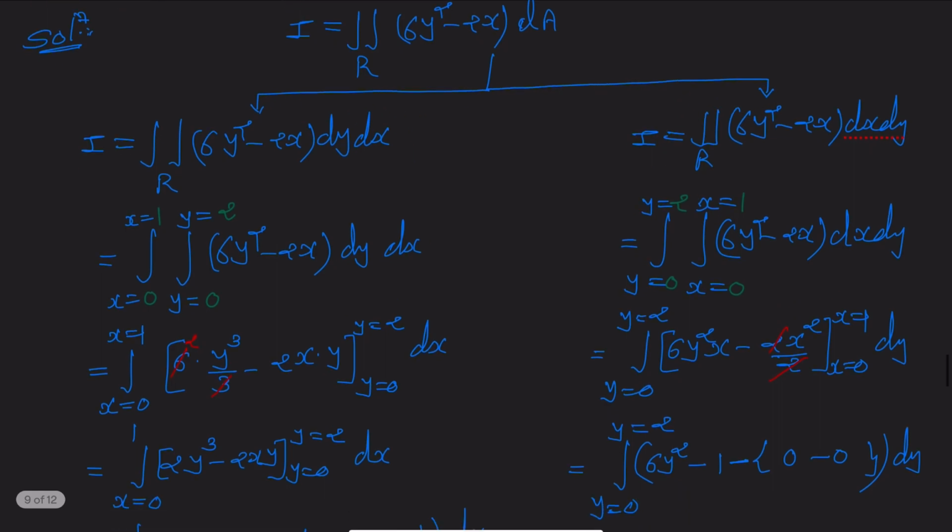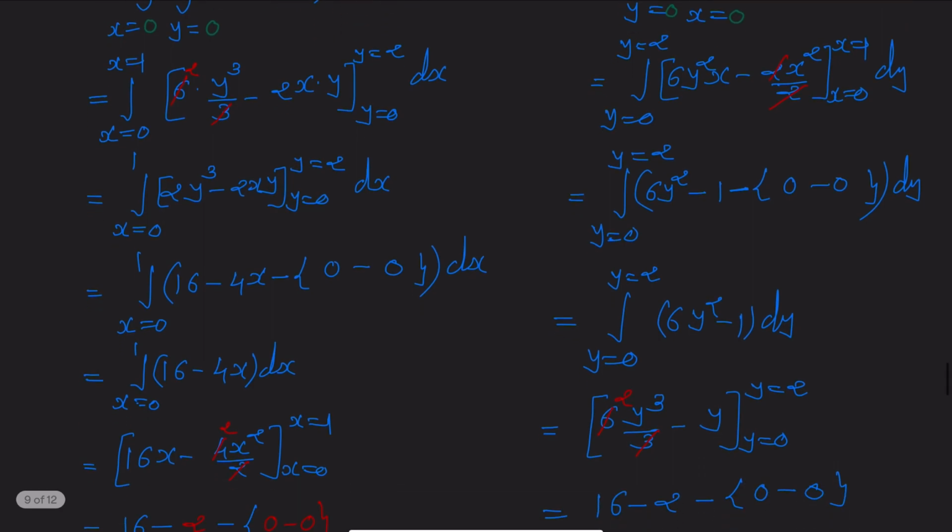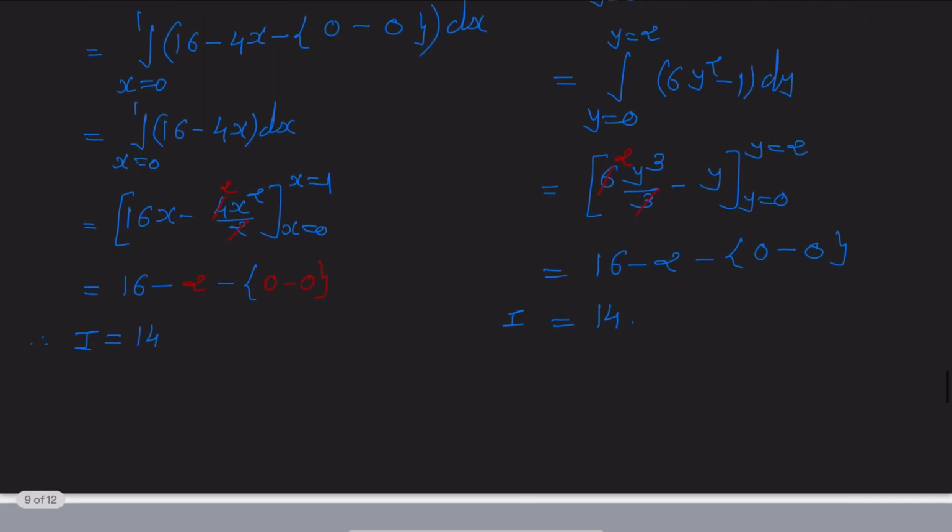Suppose we are following dy dx, then we first integrate with respect to y, then we integrate with respect to x. Suppose we are following dx dy, then first we integrate with respect to x, then we integrate with respect to y. Whatever method you follow, the answer is always the same, 14. More examples we shall discuss in the next.